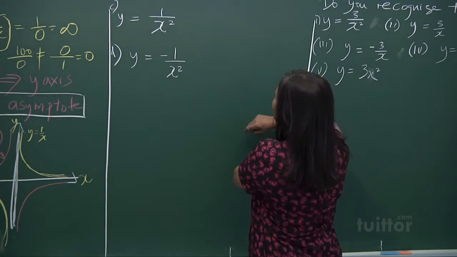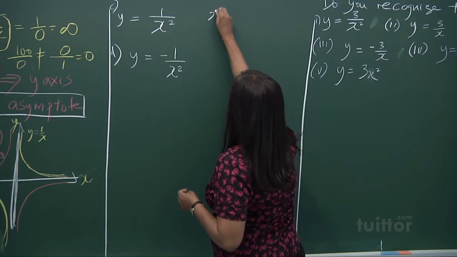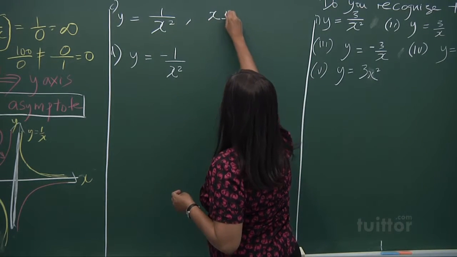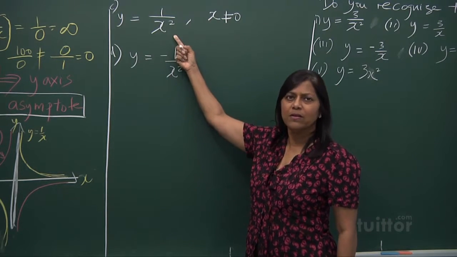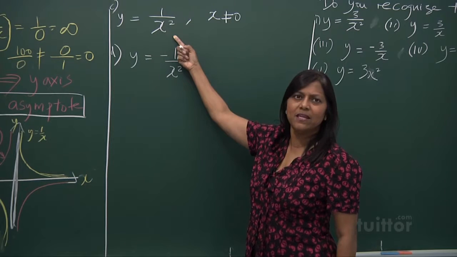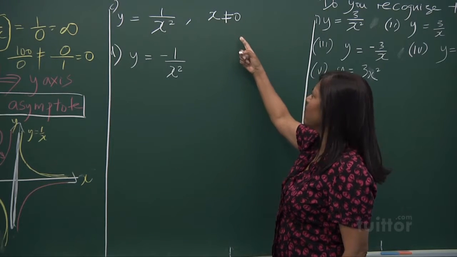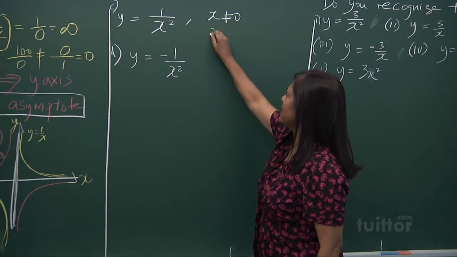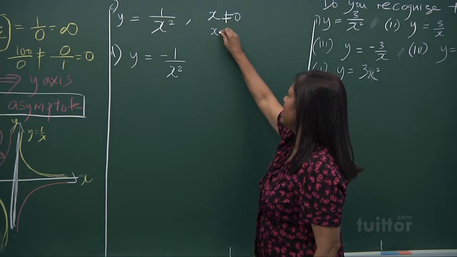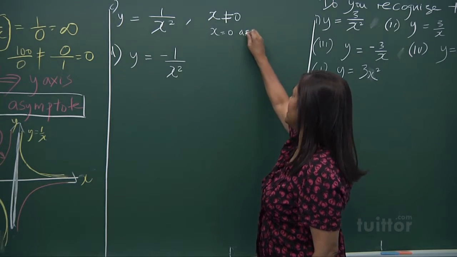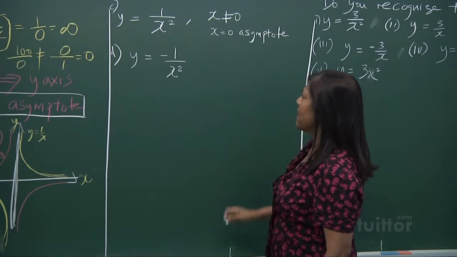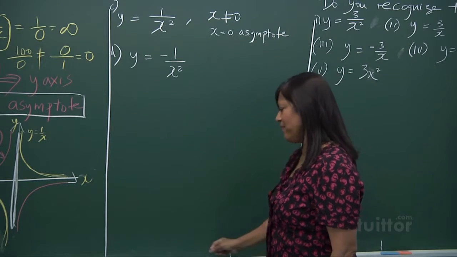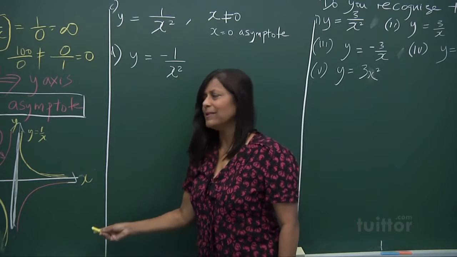Can x ever be 0? X can never be 0 because anything divided by 0 gives you infinity. So this graph, again, x equals 0 is the asymptote. And how do we draw this graph? Look at it again.